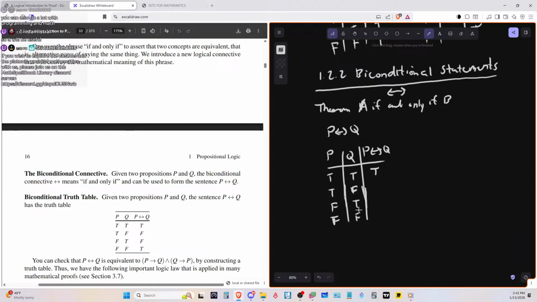Now I'm trying to think, does it have the same pattern as the conditional statement, or do we have to think of it differently? Because the way it reads, it is biconditional, it's in the name, but for some reason it feels like a tautology, but I don't think it's a tautology.